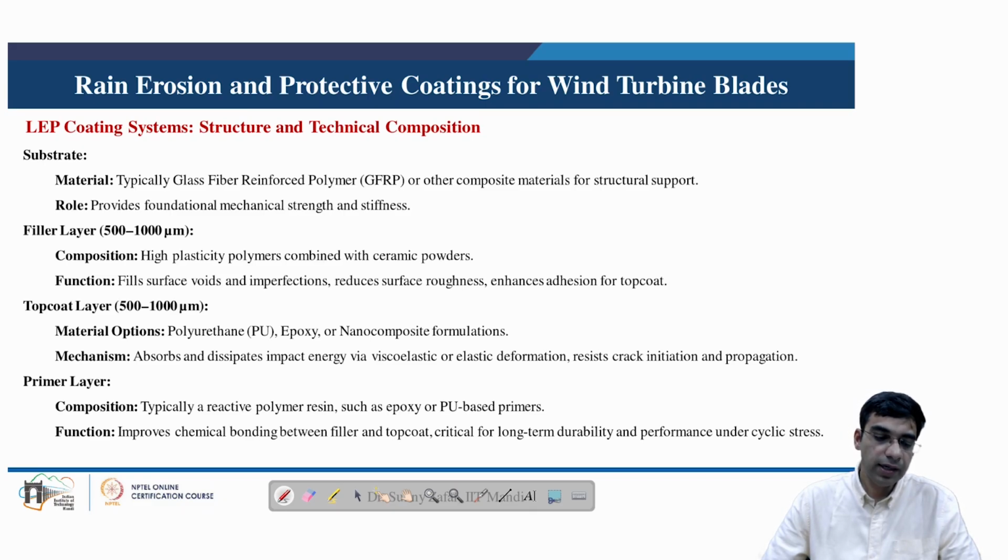Then we have the primer layer, where typically a reactive polymer resin is applied, such as an epoxy or polyurethane based primer. The function of the primer is to chemically bond the fiber and top coat, which is critical for long-term durability and performance under cyclic stress.